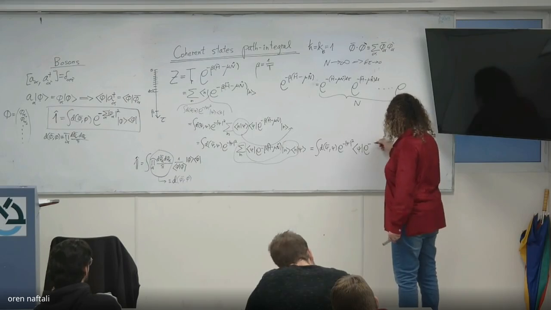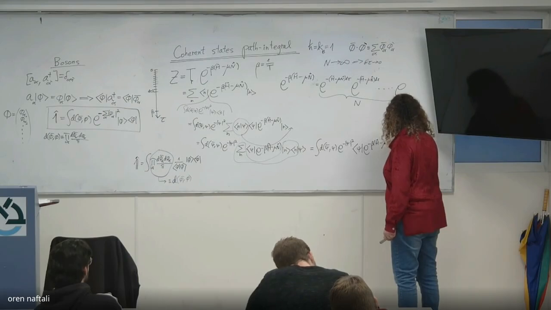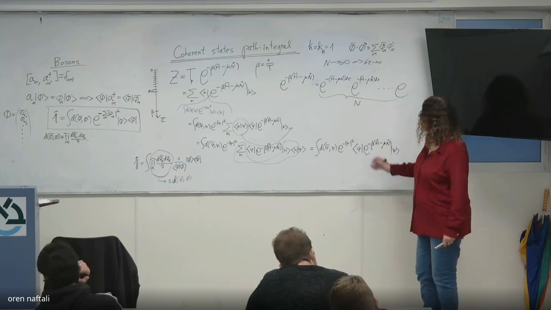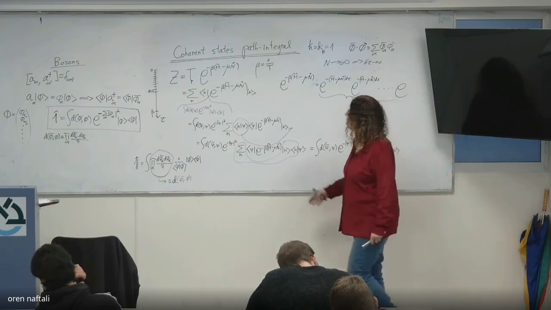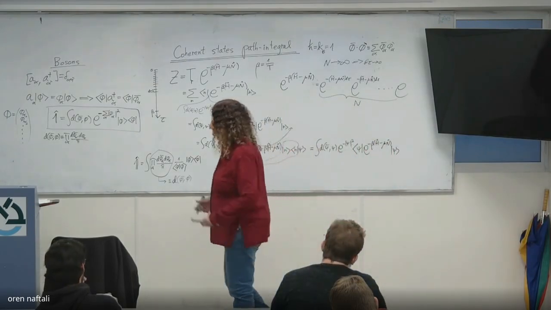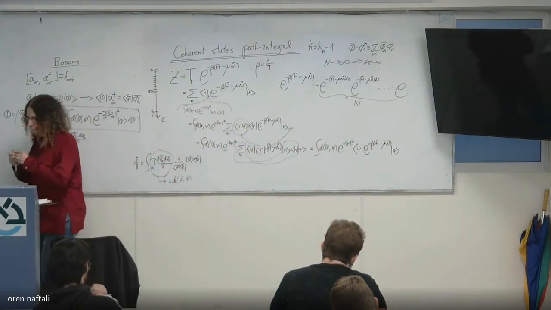And I have a diagonal matrix element, but now it is in the basis of the coherent states. So I just transformed the trace into coherent states. Okay? Great.